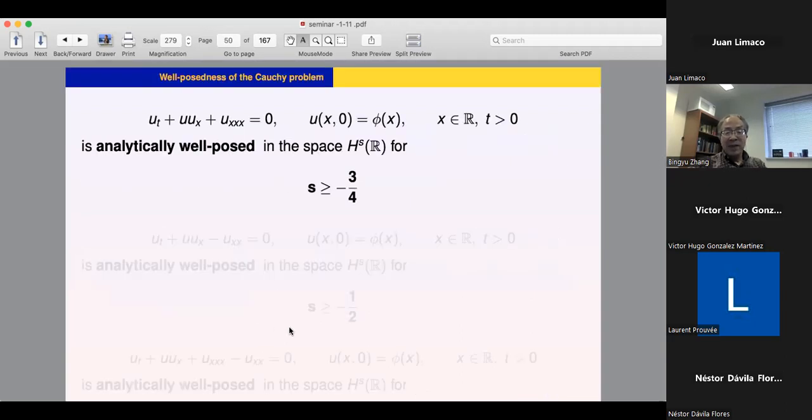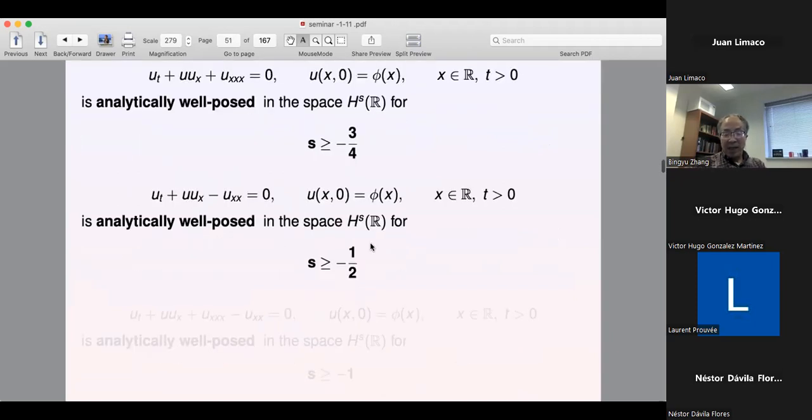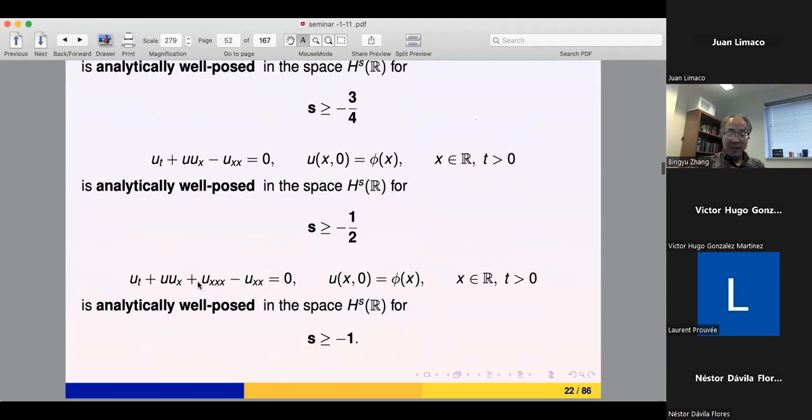In summary, the KdV equation is analytically well-posed for any s greater than or equal to -3/4. The Burgers equation is analytically well-posed in the space H^s(R) for any s greater than or equal to -1/2. For the KdV-Burgers equation, which combines dispersion and dissipation, it's analytically well-posed for s greater than or equal to -1. Certainly, this is the joint effect of dispersion and dissipation.